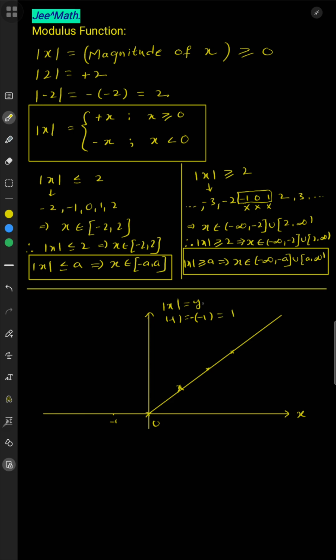So when x is minus 1, y is 1. When x is minus 2, similarly, y is what? Plus 2 only. So joining all those, you can have a graph like this. So this is the graph of modulus function.